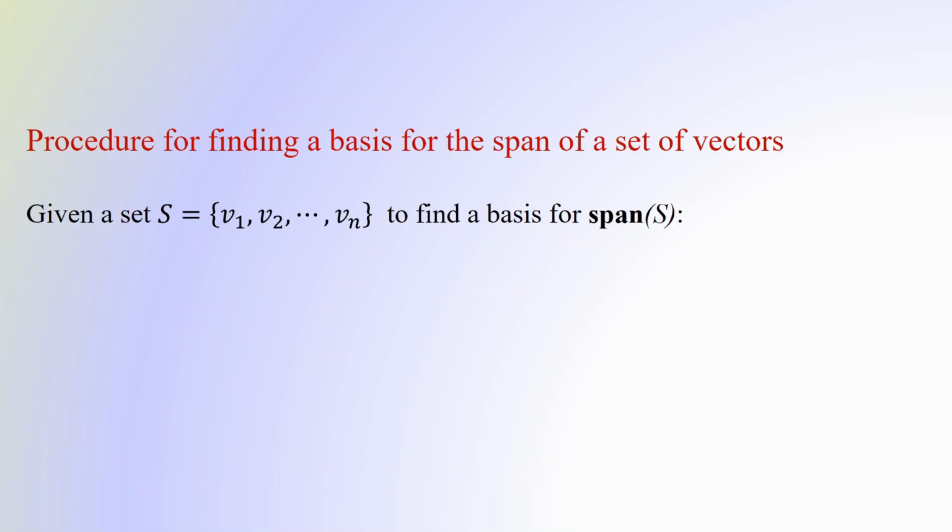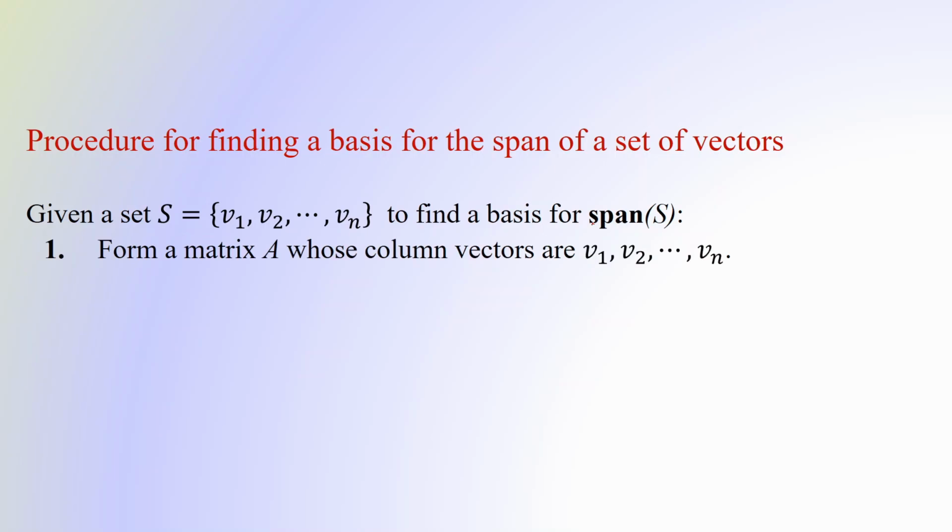Now we can summarize this procedure for how to find the basis for the span of a set of vectors. If you are given a set S of vectors v1, v2, ..., vn, we want to find the basis for the span of S. The first step is to form a matrix whose column vectors are v1, v2, ..., vn.